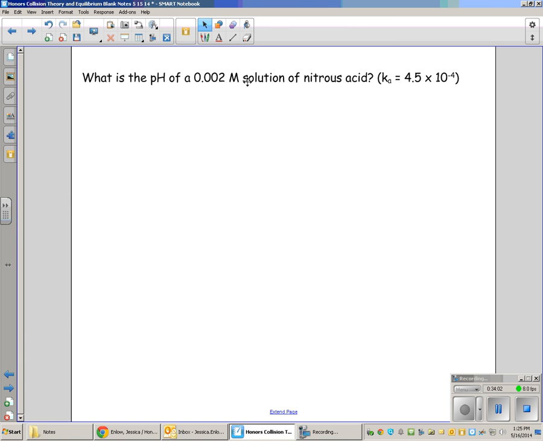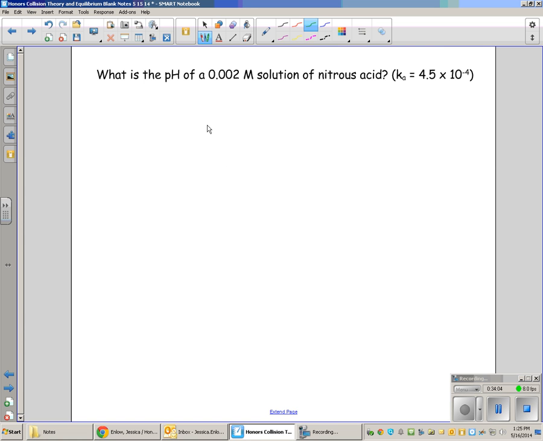Here's my example, and I'm not giving a whole lot of information. First, the first thing we normally write is an ICE box and a K expression. So let's first write our reaction for this.